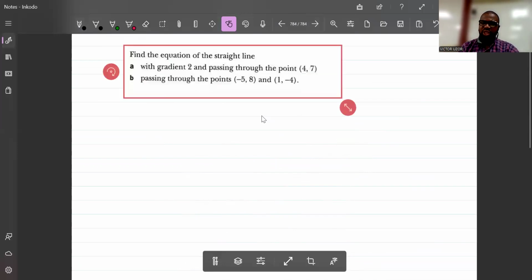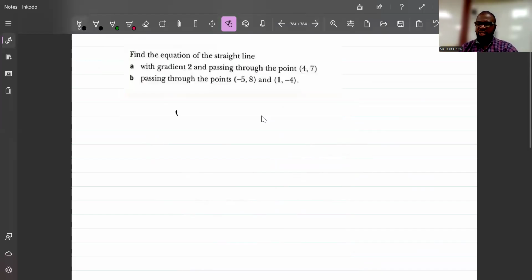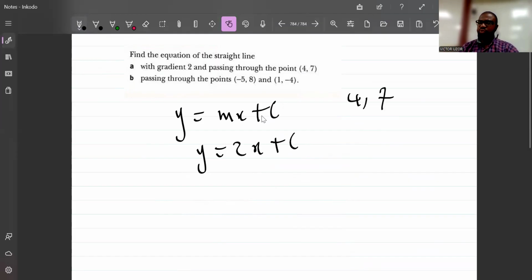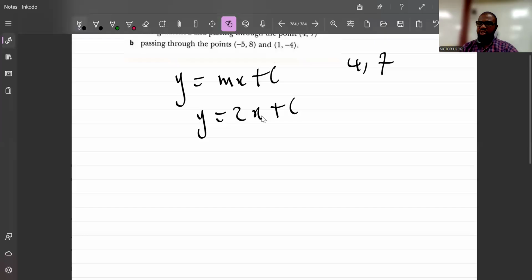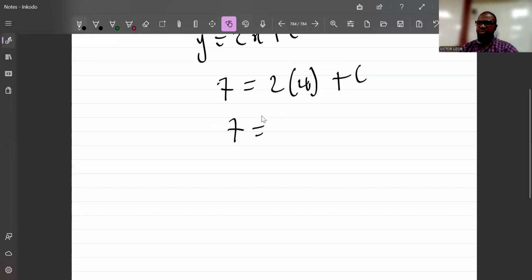Another way I would have solved that particular question is this. If I'm given y equals mx plus c, I'm given what the m is, which is 2, so 2x plus c. I can use the point (4, 7) to find my y-intercept. Since y is 7, I have 7 equals 2(4) plus c, which gives 7 equals 8 plus c, so 7 minus 8 equals c, which is minus 1.